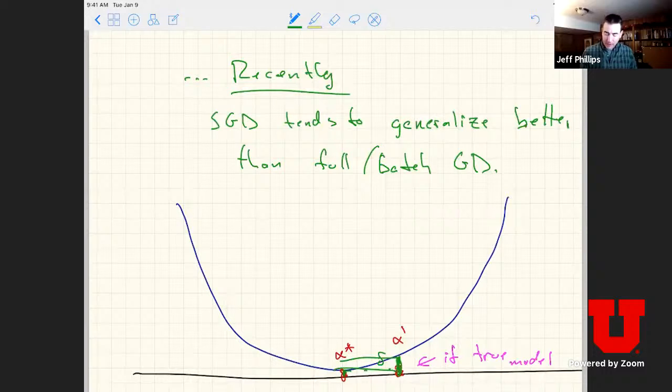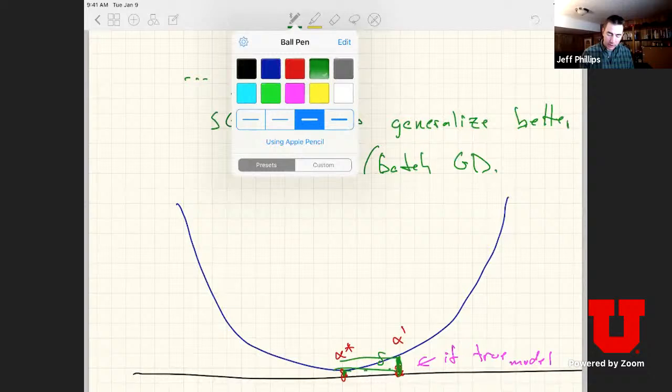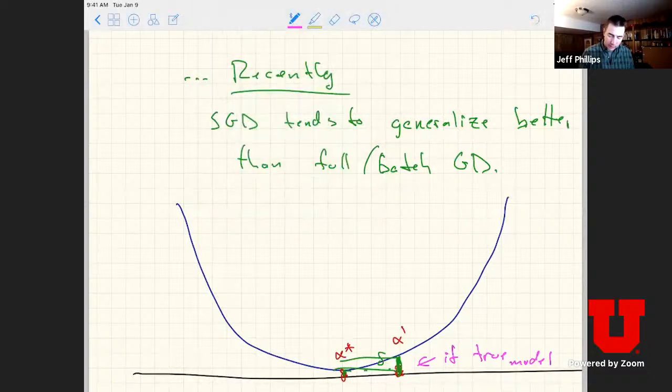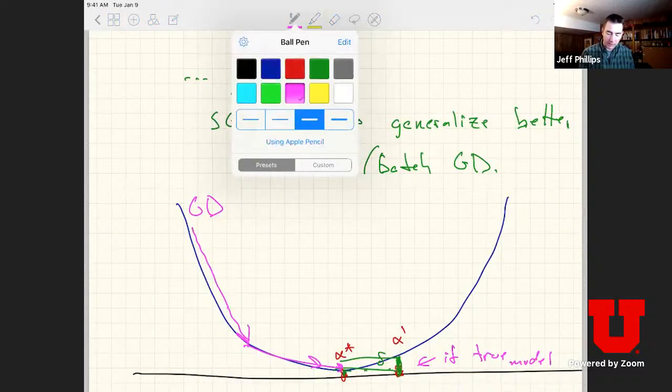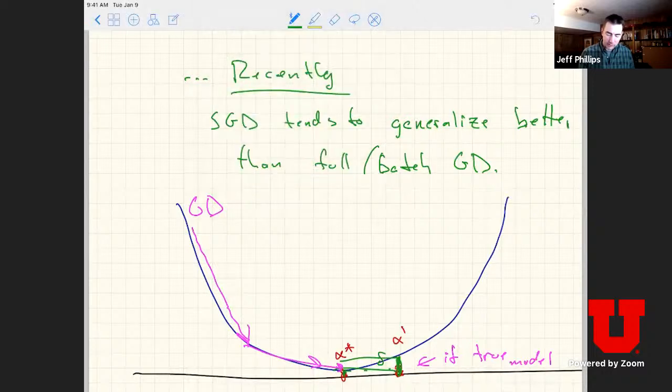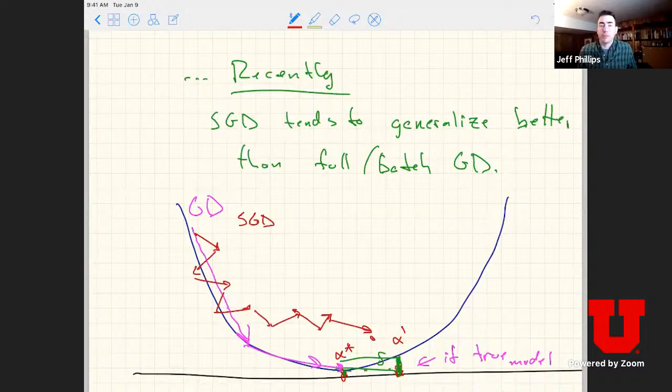Okay, and so what's happening with gradient descent? Gradient descent is going to go straight down here and it's going to stop. Whereas with SGD, you might take some of these smaller steps, and you might not end up at the true minimum.